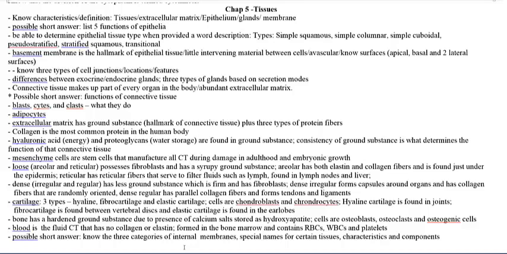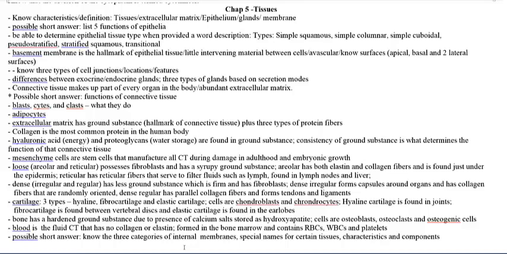The dense irregular connective tissue has collagen in random orientations with each other. This is great for forming a protective capsule around organs. The dense regular connective tissue has the collagen in parallel, and so this confers strength that you would need with tendons that connect bone to muscle and ligaments that connect bone to bone.